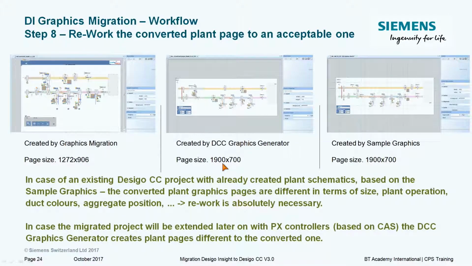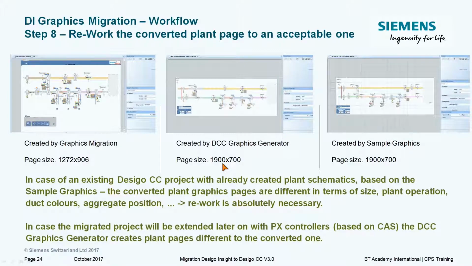So here the question is: this site, is this project going to be extended with other buildings, with other sites? Do you know that already? Is your customer going to accept having two different graphic pages? Okay.